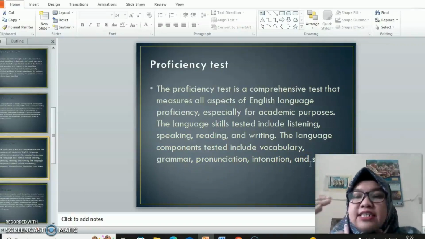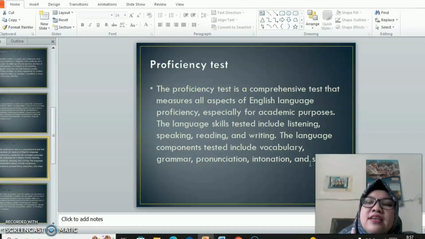So when we conduct the achievement test, we have to construct our test item based on the learning objectives or indicators mandated in our syllabus or K13 curriculum, but in proficiency test, we construct the test items that measure all aspects of English language proficiency in terms of language skills and also language components, without referring to any kinds of indicators, to any kinds of learning objectives.